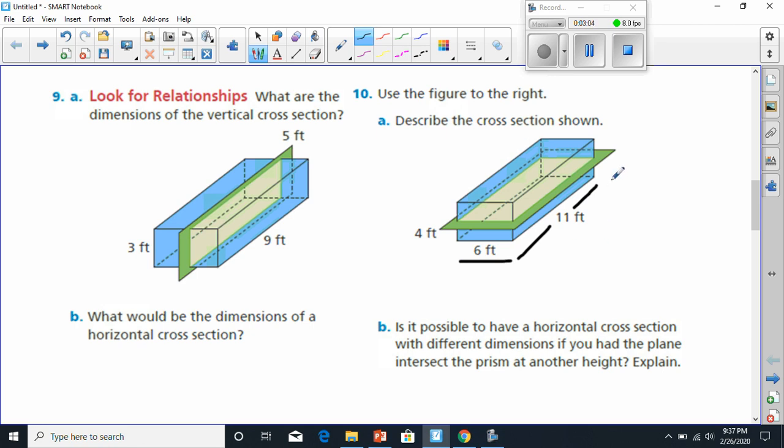If I was to describe this, it would be 11 by 16, 11 feet by 16. Or sorry, 6 feet. I don't know why I said 16. That's 6 feet. And it's going to be the shape of a rectangle, right? So 11 foot by 6 foot rectangle.